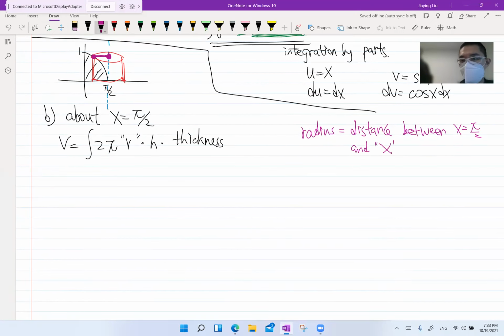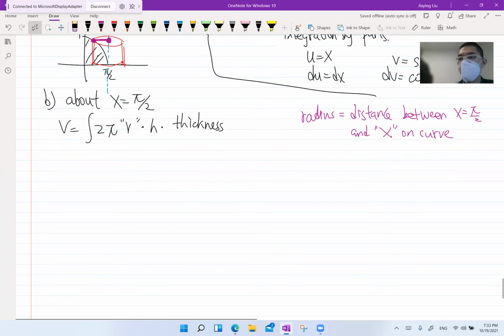So I'm just going to put in a quotation, the x on the curve. Right? So that's the radius. How do you write down the mathematical expression? We can just write the radius as pi over 2 minus x. So that will be the expression for radius.